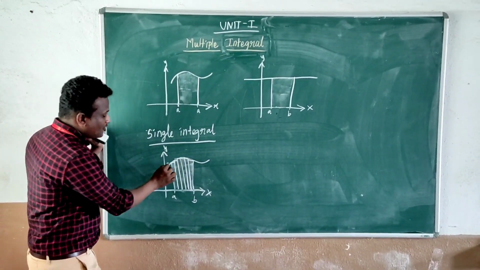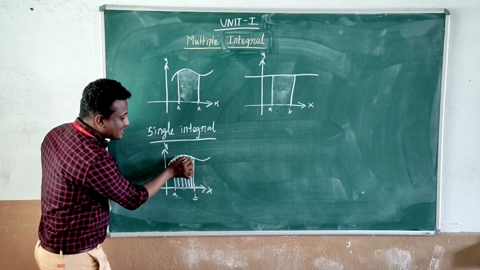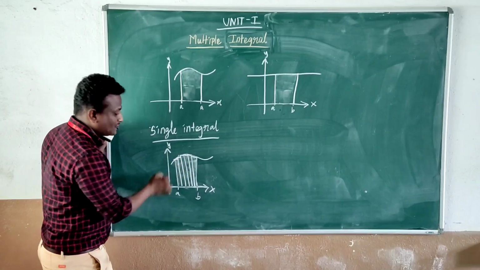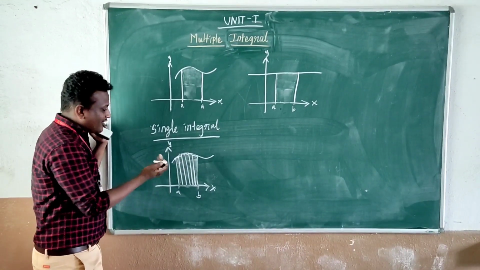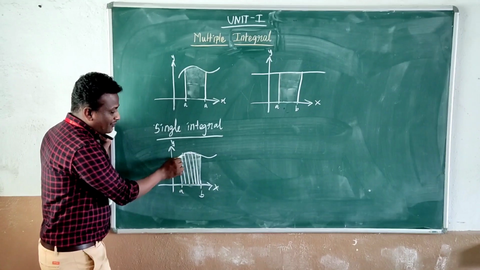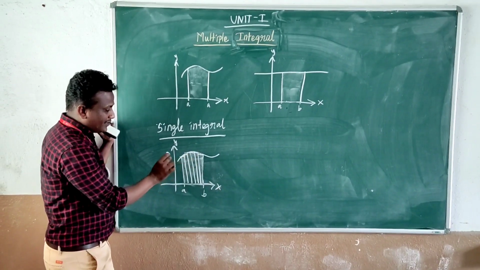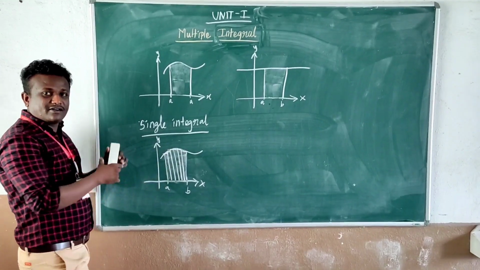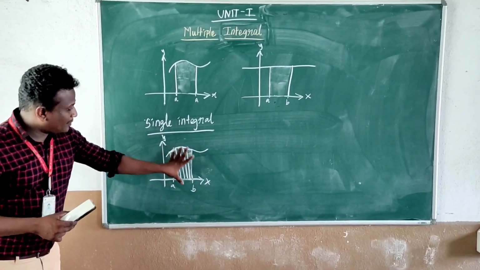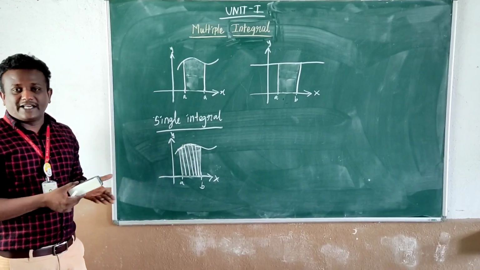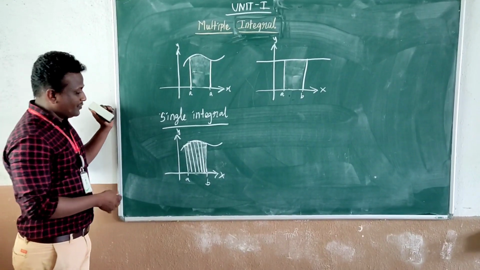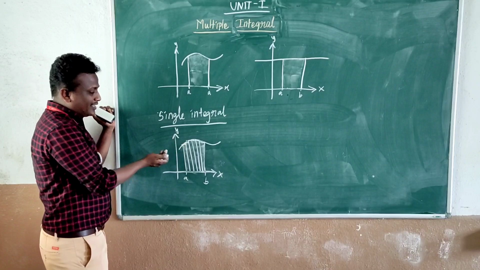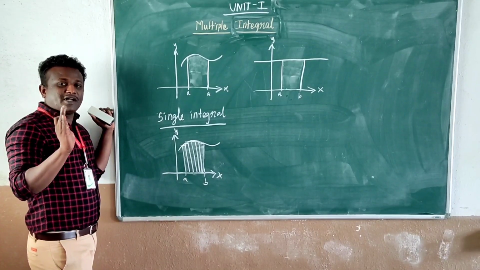Suppose our curve bends a lot, then think about this region and this one, this one, this one. We cannot apply the rectangular formula for these regions. Only when we calculate the area for these regions can we clearly say the value of the complete area. So this is not a comfortable way.